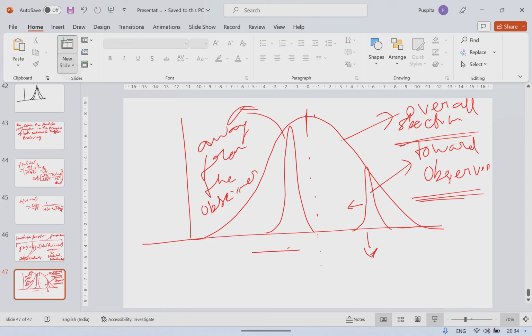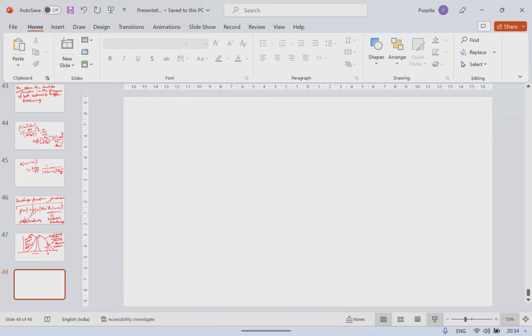So I want to give you some numbers: the amount of natural broadening and the amount of Doppler broadening.